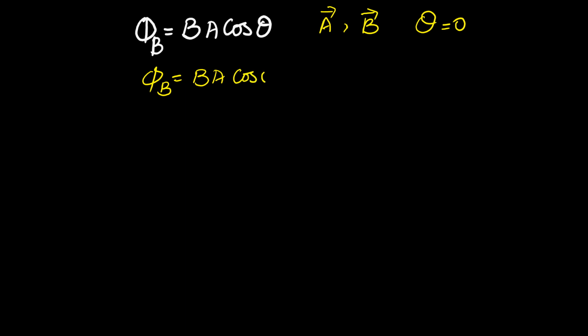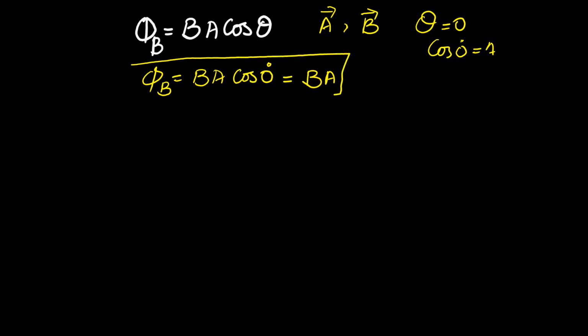So the angle is 0, cos of 0 is equal to 1, which means the magnetic flux will be equal to B into A.